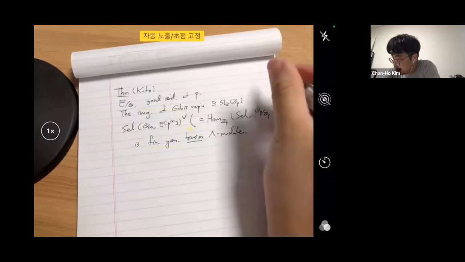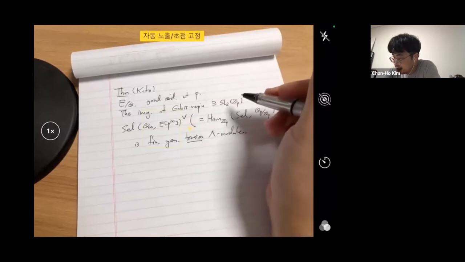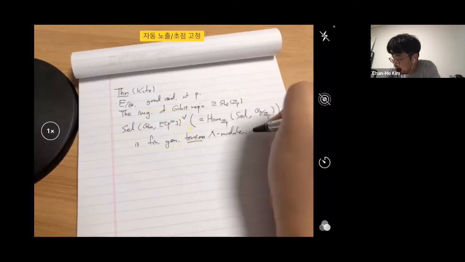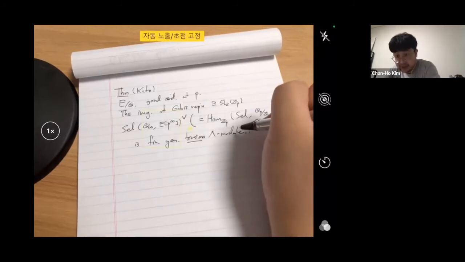And when E has supersingular reduction at p, this theorem fails. So we need to introduce some sign Iwasawa theory to have a similar result.